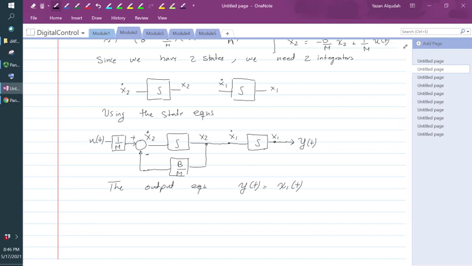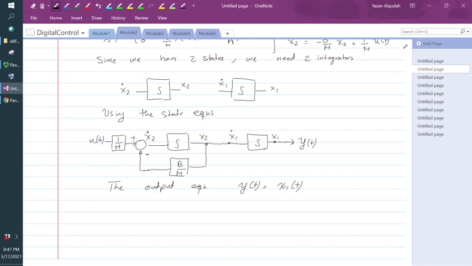So here we see that we can obtain the all-integrator block diagram directly from the state space representation. Depending on the order of the state space representation, we're going to have as many integrators as the order, and as many as we have states. So the order is equal to the number of the states. In this case, we have a second order, we have 2 integrators.